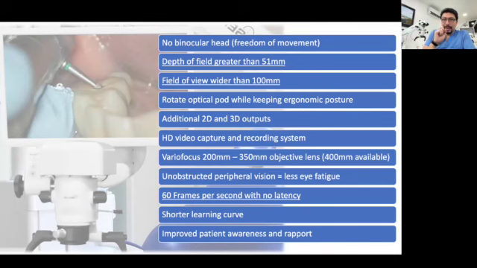You need to see the images in the screen at the same moment that you are doing your movement. If you move, you need to see your movement immediately in the screen. If you have even a very small latency, it will be a mess during the clinical practice. So it's quite important. And because of the latency, many attempts for having a 3D microscope failed in the past.